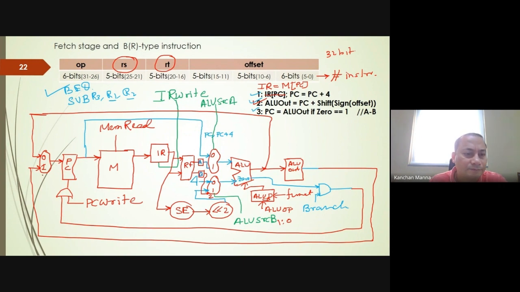Okay. Now the select input is PC source. If it is 0, then we load the PC with PC plus 4 through this path. If it is 1, then we load the PC with the branch address. Okay.